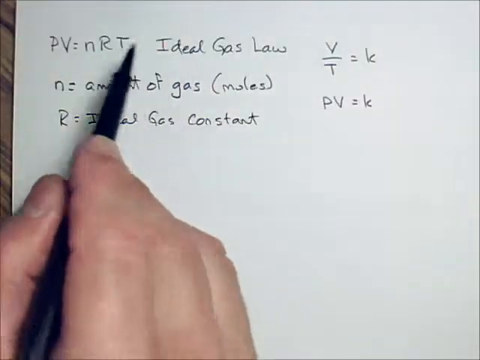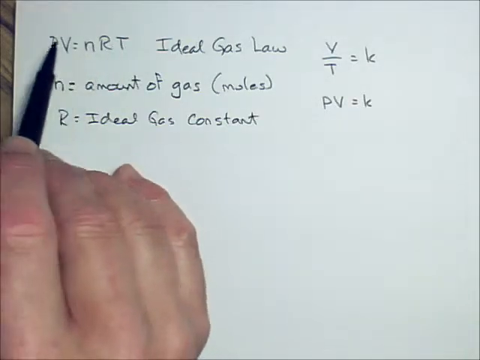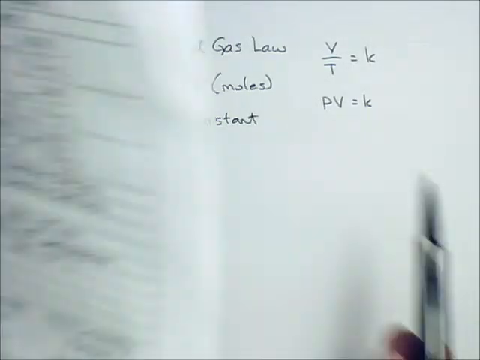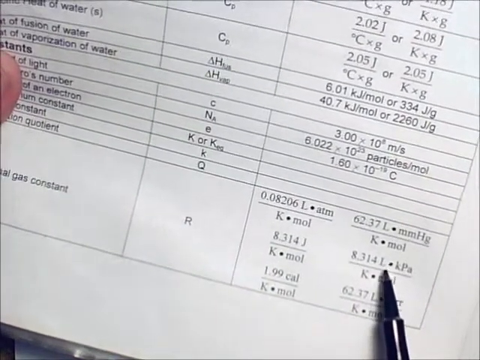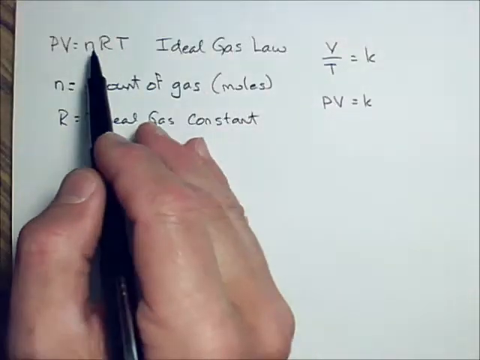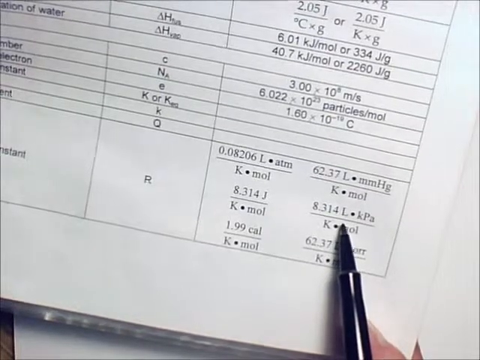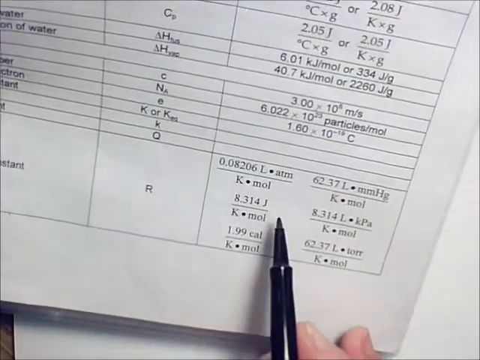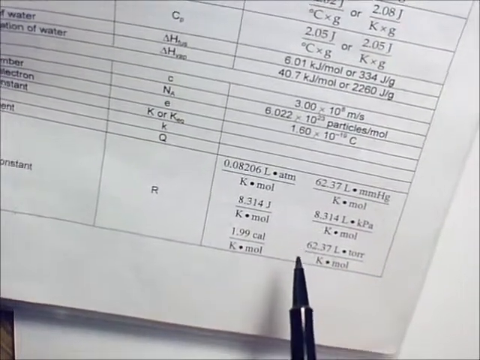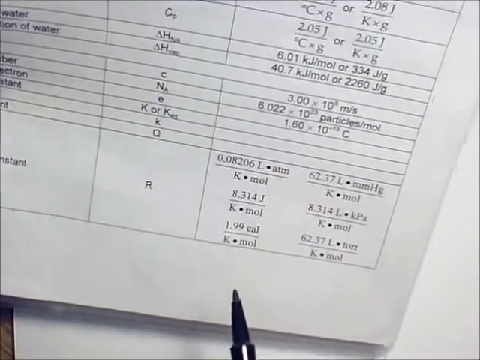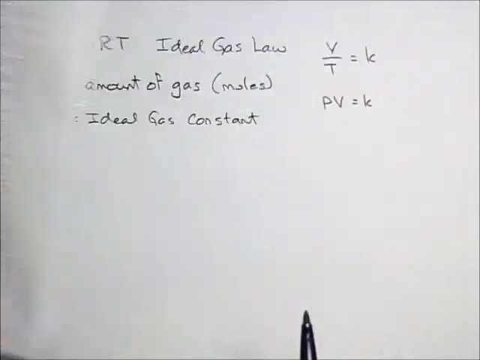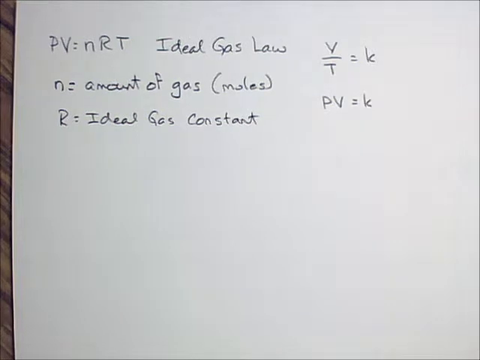You can plug numbers in for these. These are variables. These are not variables. You can plug numbers in here, but you cannot plug numbers in here. Okay? But what you do is you choose the version of R that makes your math easier. Does that make sense? We're going to choose the version of R that makes our math easier.